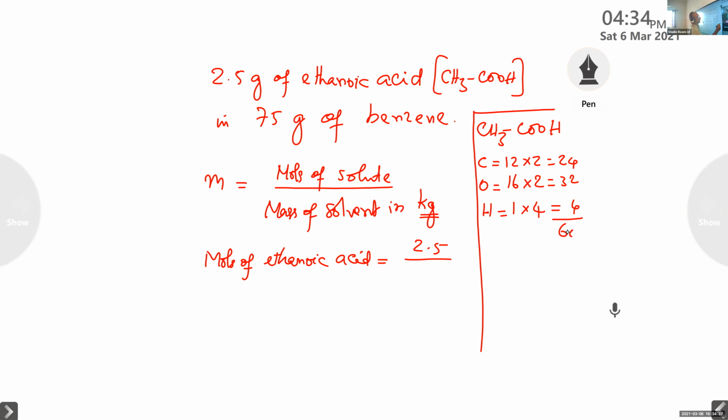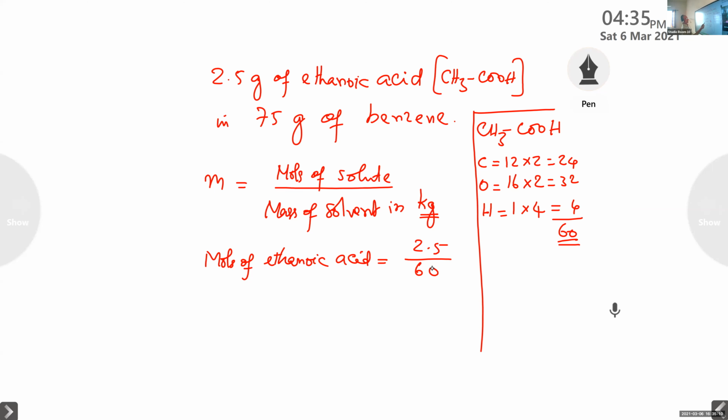So it is equal to 60. Molecular mass is 60 gram per mole. So 2.5 by 60. You can simplify it or you can keep it as such. Don't worry about that. If you find it difficult to simplify, just keep the value as such. We can carry it over to the next step.